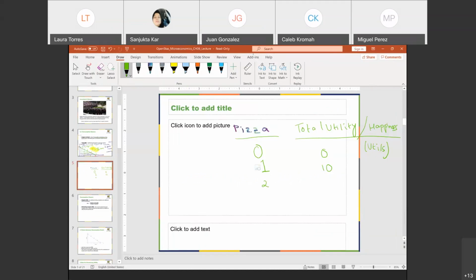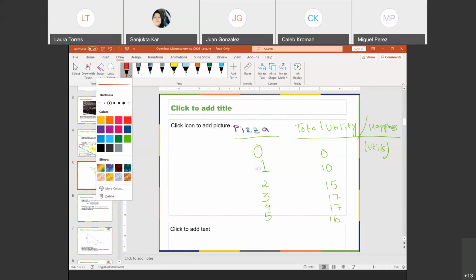My happiness goes up to 15. Now I'm going to consume the 3rd slice of pizza. My happiness goes to 17. The 4th slice of pizza, my happiness stays the same, which is 17. Going to eat the 5th slice of pizza. My happiness goes down.